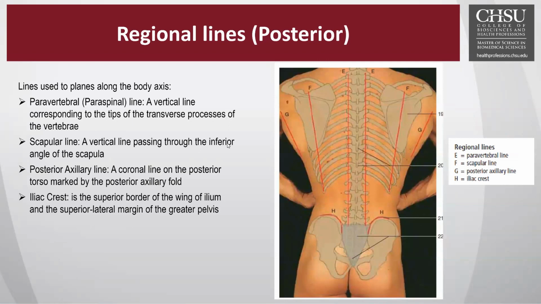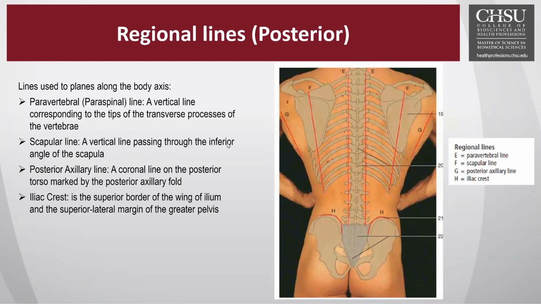All right, the posterior regional lines would be the paravertebral, similar to parasternal, just on the adjacent side of the vertebral column or the spine. Okay. Then we have the scapular line, right along the midpoint of the scapula.